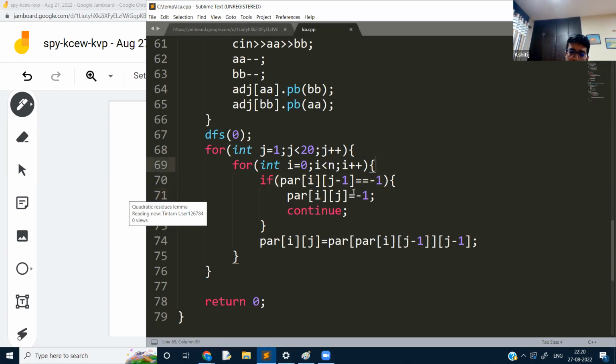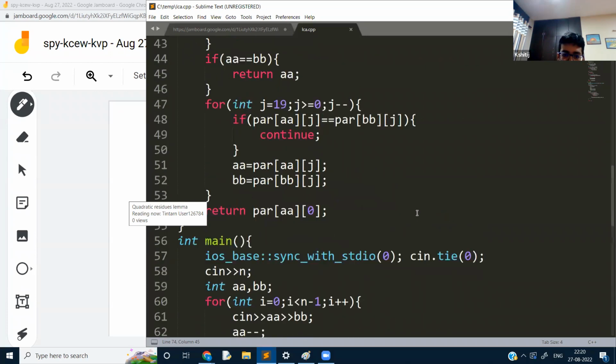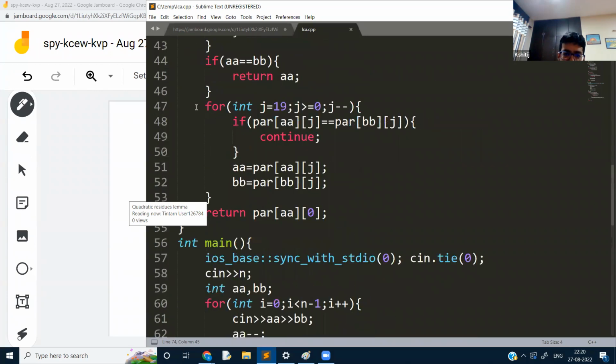Here J denotes the power. So J equal to 0 means direct ancestor. J equal to 2 means 2 squared, the 4th ancestor. And so on. We do this recursion, and we set parent i to the power j by going up 2 times basically.